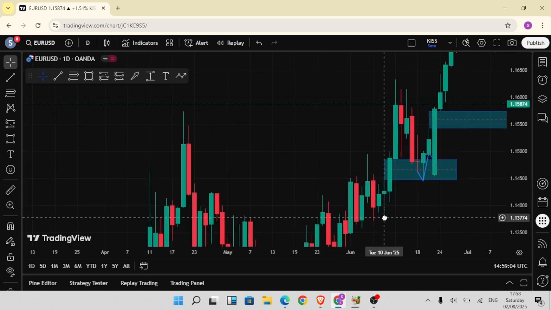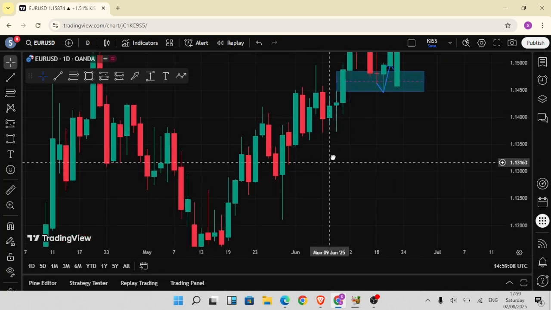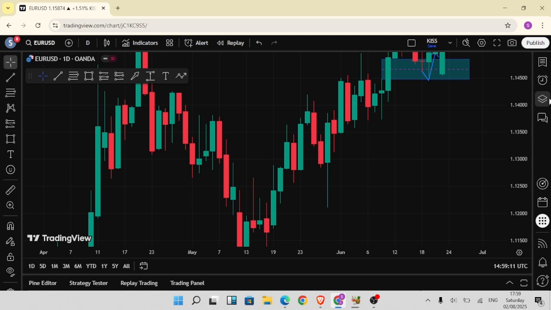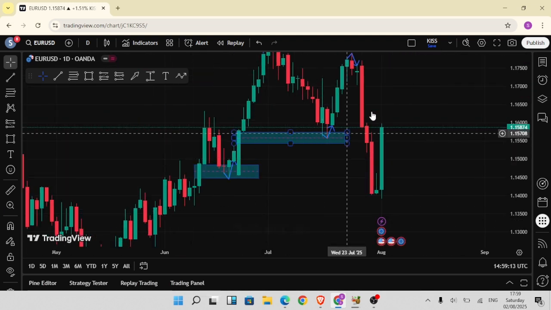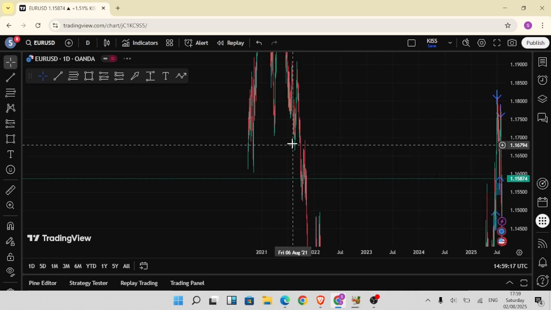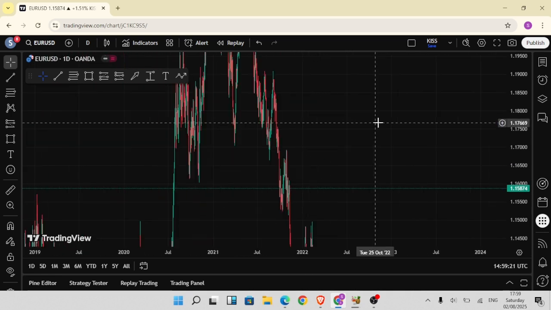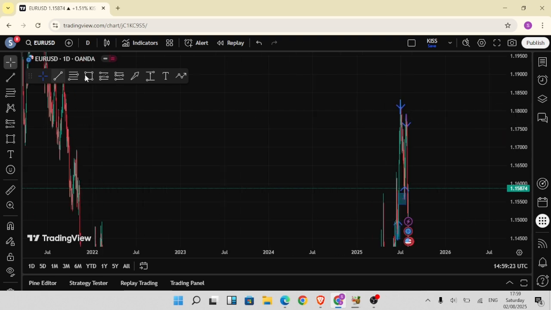Where else do we have interesting opportunities? We are not seeing other interesting opportunities. Maybe we can look at these two examples, where was price coming off of. I think there was a fair value gap.